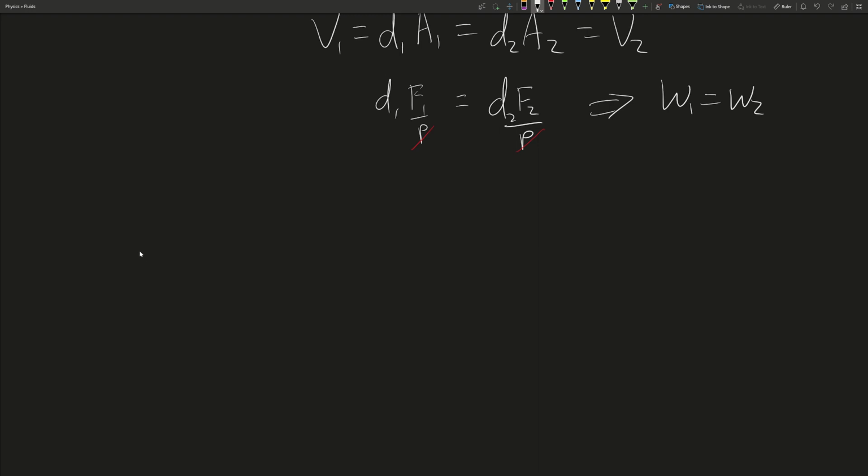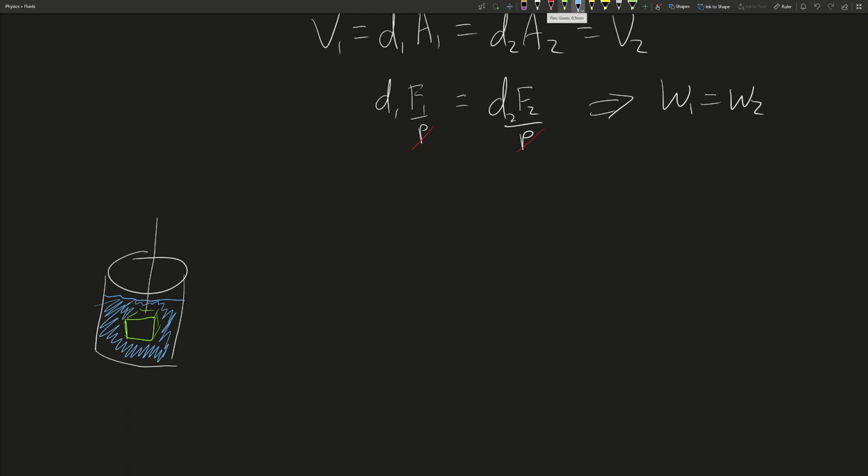So again, let's consider this container here, and then we have some object inside, right? And then we're holding it by a string or a rod here so that it stays in place. And it has water surrounding it. We want to find the buoyant force on this object.